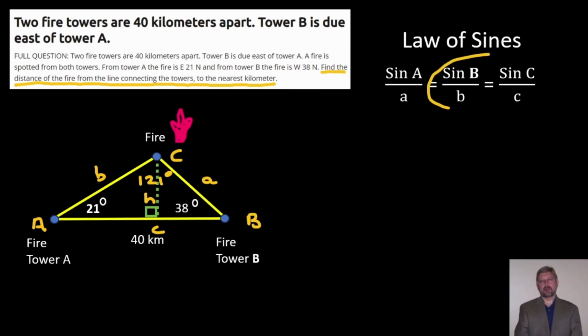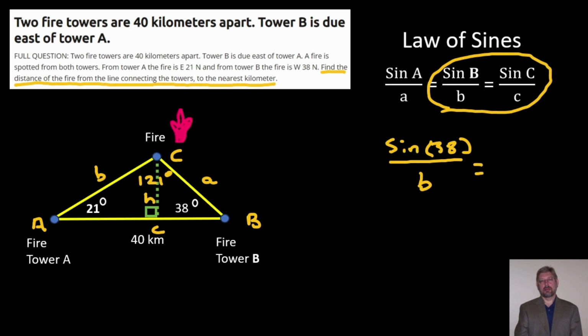And like I said, I'm going to use sine B over b is equal to sine C over c. So that is sine of 38 over the length of the opposite side, which is b. That's what we're trying to find, is equal to sine of C, or sine of 121 degrees, over c, which is our 40 kilometers.